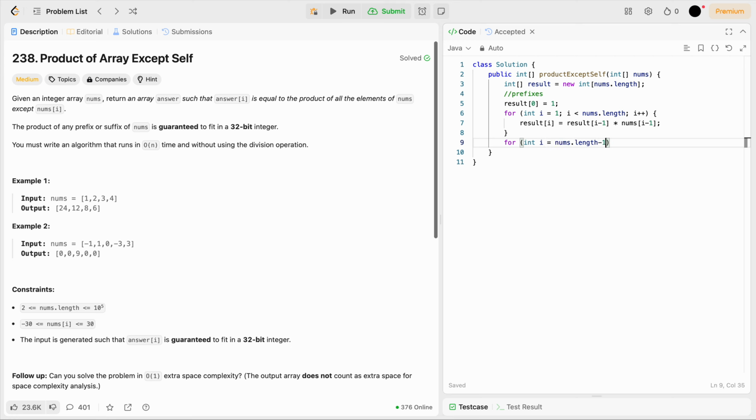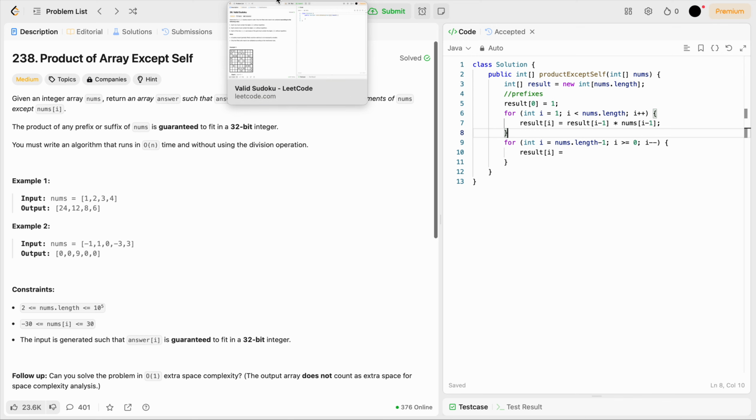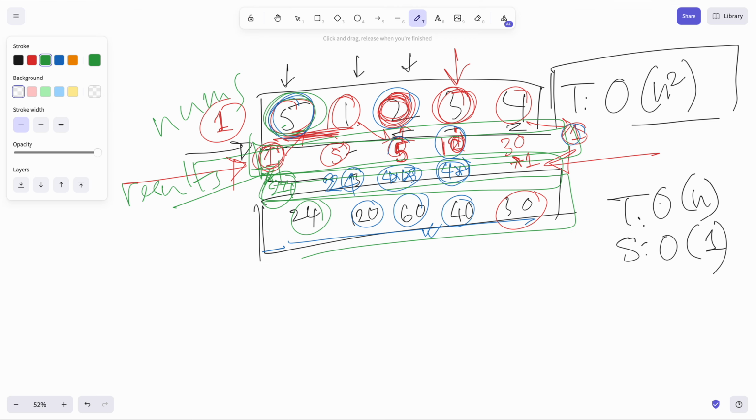And 0 and I minus minus. So this time we're actually going backwards. And for backwards, we know that we have the following values are 1, and for the last value, as soon as you get the value, all the multiplication is done.